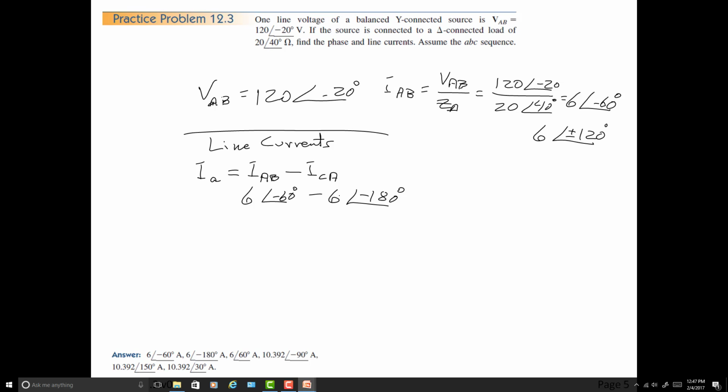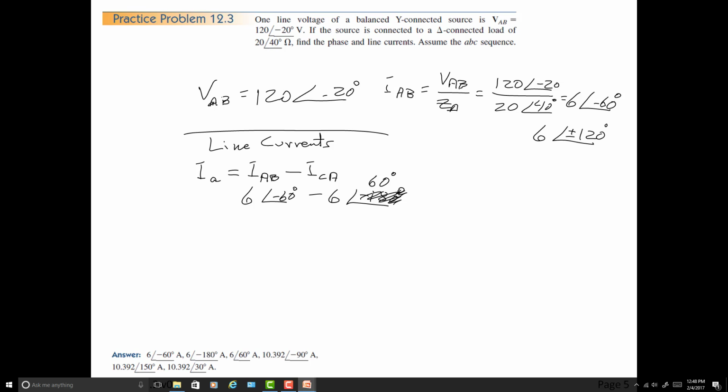So we want to subtract those two. Subtract the second from the first. Okay, and you can draw the, I'm sorry, this is not the one I want. I want 6 at 60 degrees, right? It was the farthest one back around, because my IAB is at minus 60, and in a positive sequence, that next current is going to be the one back, so that's going to be at positive 60. Sorry. So we get that.